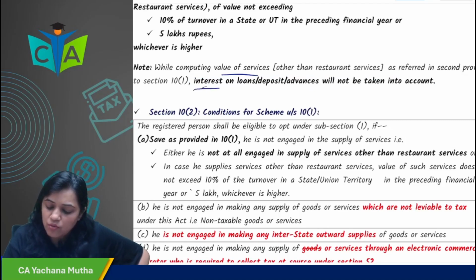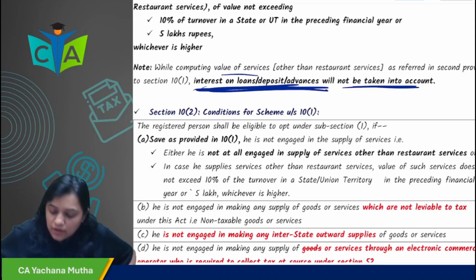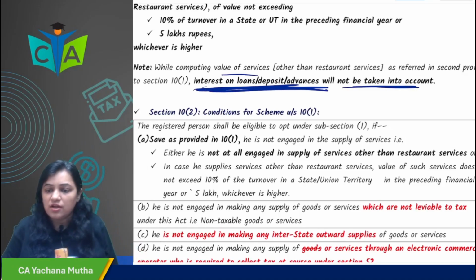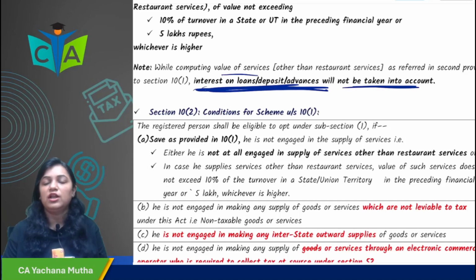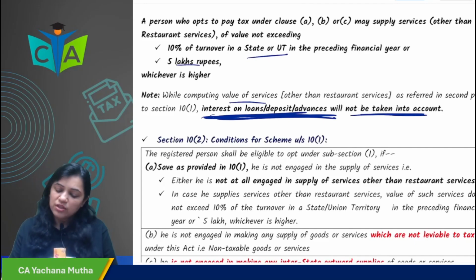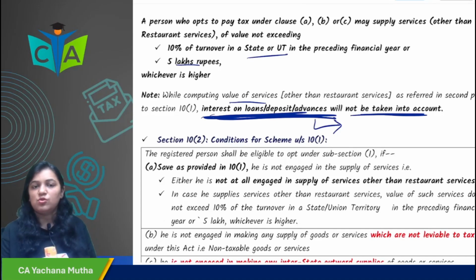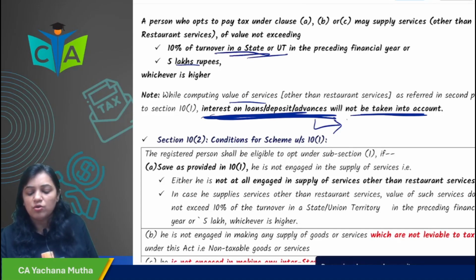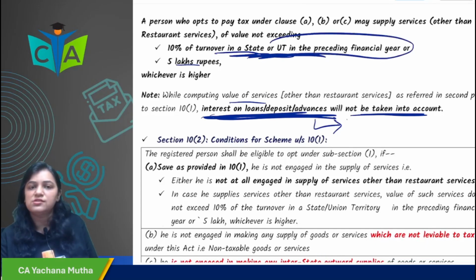This is the computation we are doing for 10% of the turnover in the state or union territory, or 5 lakh rupees, whichever is higher. So in this case, interest on loan, deposit, advance, though it is an exempt supply, is not included in the turnover in the state or union territory while computing this limitation.